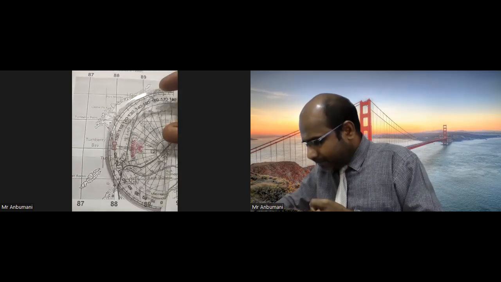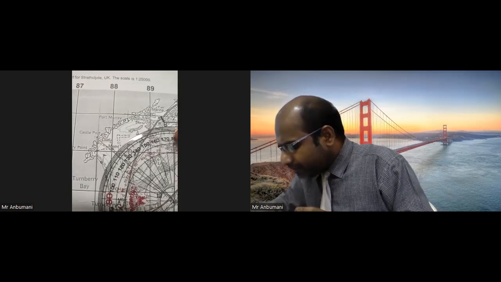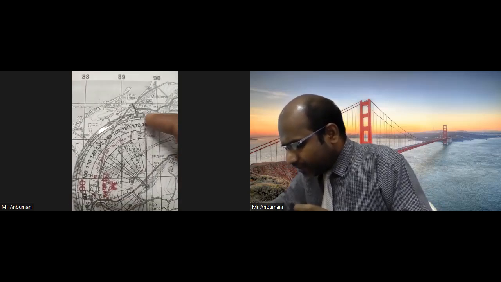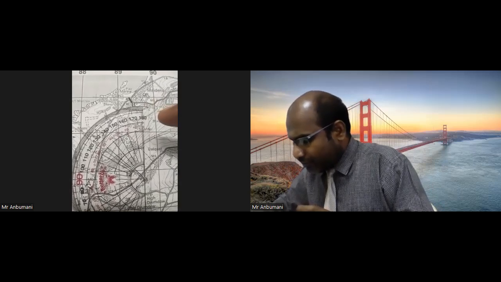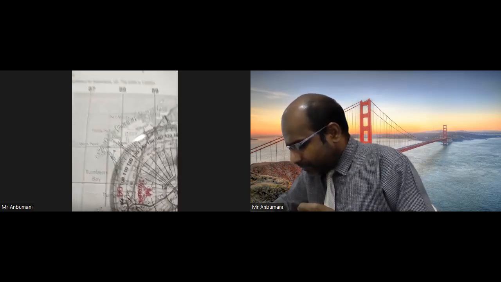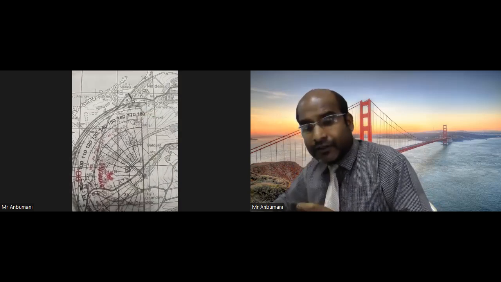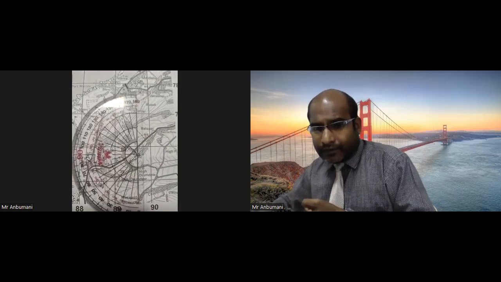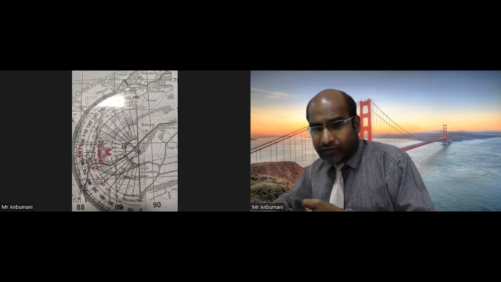I'll keep the center point of the protractor over the viewpoint, and again ensure that the vertical line of the protractor and the line which you have drawn are overlapping exactly. If you see that they are overlapping exactly, yes, you are in the right position. You placed your protractor in the right way.